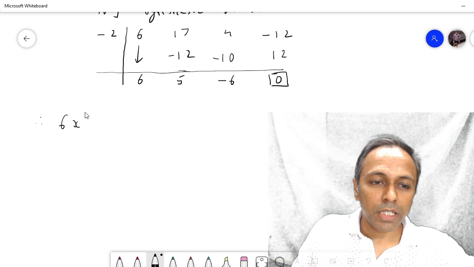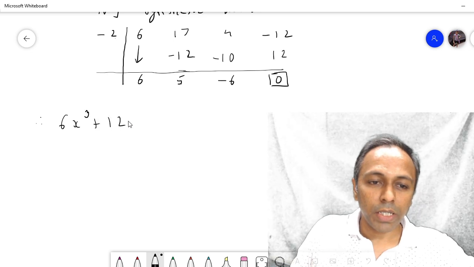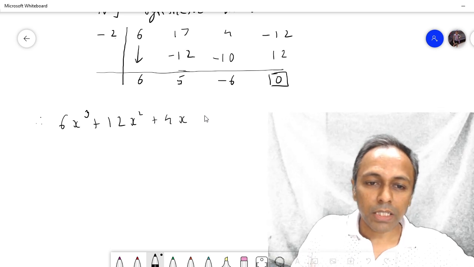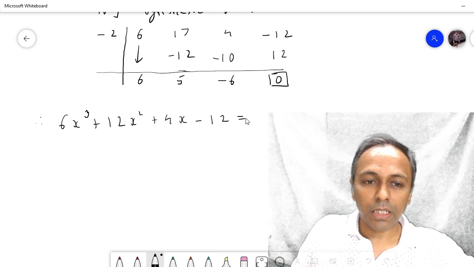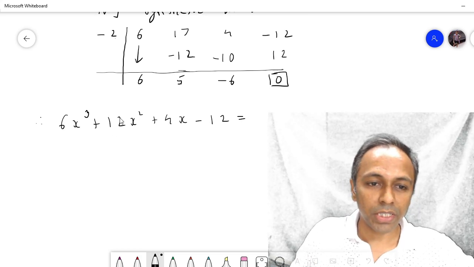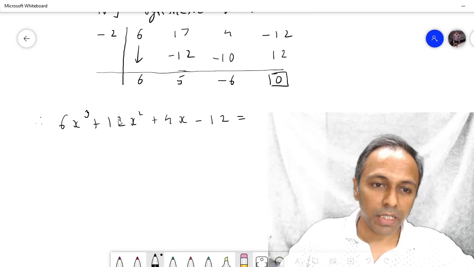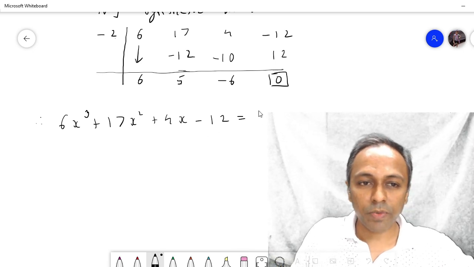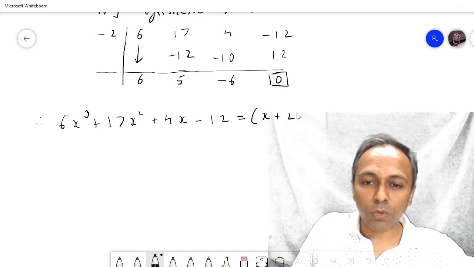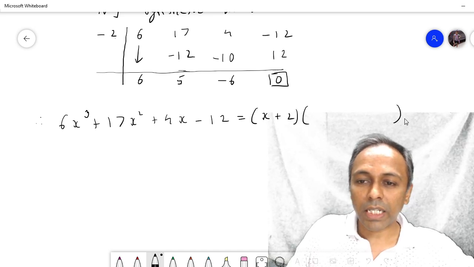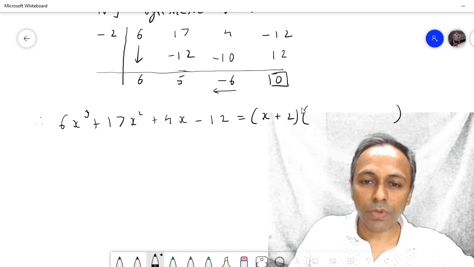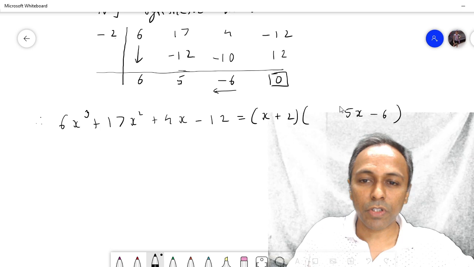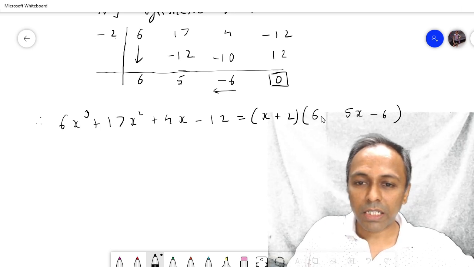our question 6x cube plus 17x square plus 4x minus 12 is equal to x plus 2, तो था ही पहले से फैक्टर, एंड इन द सेकेंड ब्रैकेट राइट दीज वैल्यूज एज -6, देन राइट 5x, असेंडिंग पावर्स ऑफ x इस तरफ, and 6x square.